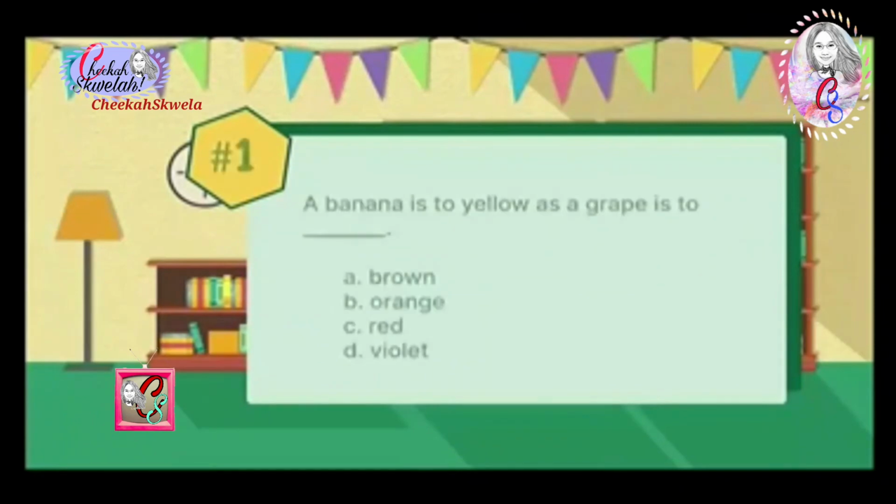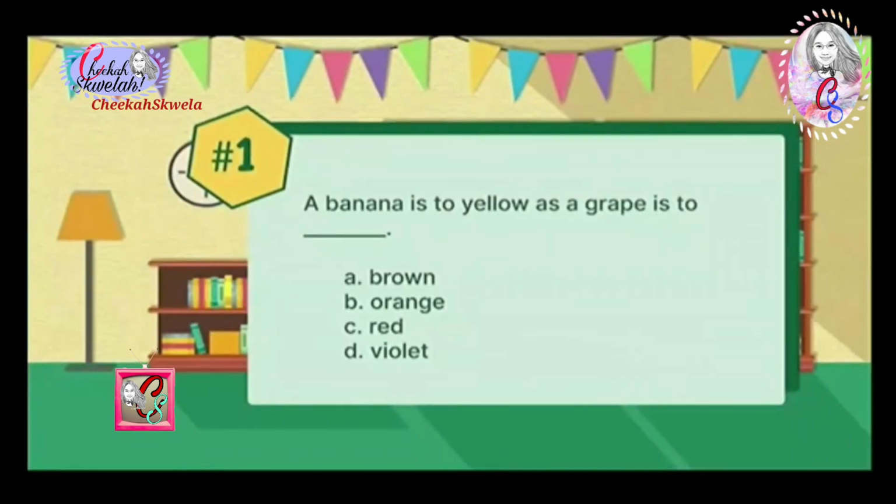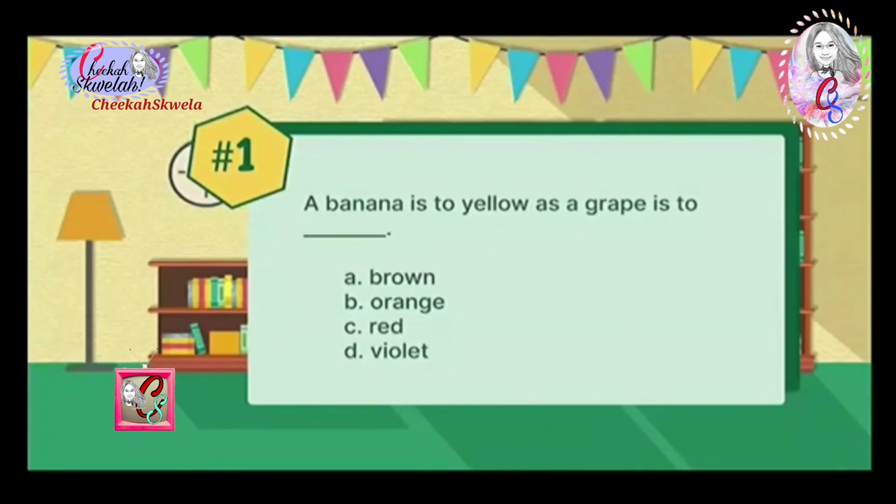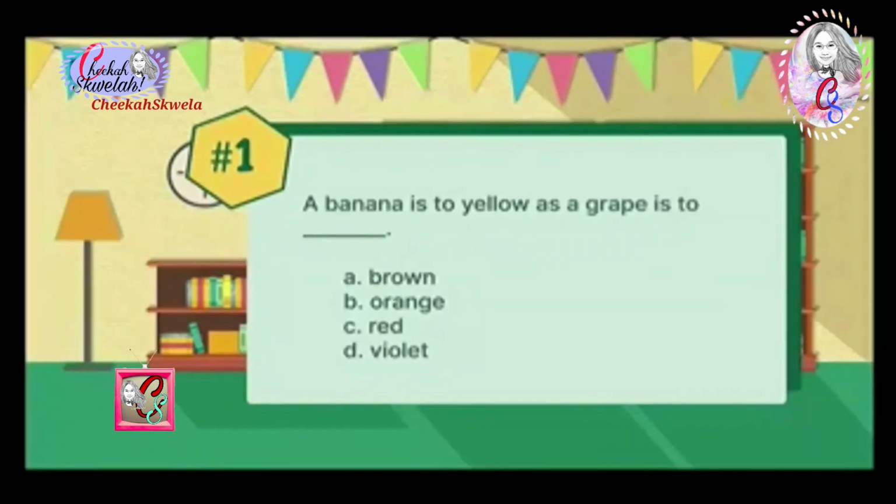Number 1, a banana is to yellow as a grape is to blank. Is it letter A, brown? Letter B, orange. Letter C, red. Letter D, violet.